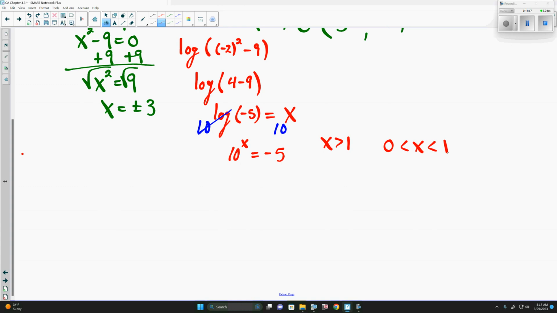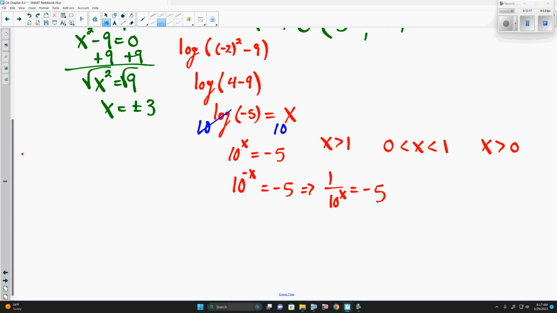There's no way for it to be negative. And if we say x is less than 0, x is a negative number. So we're just saying 10 to the negative x is equal to negative 5. Well, that's just the same as saying 1 over 10 to the x is equal to negative 5. That's still not going to make 10 be a negative number. It's just going to make it smaller and smaller. So you all see this here?